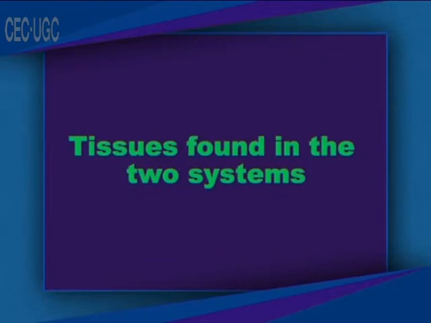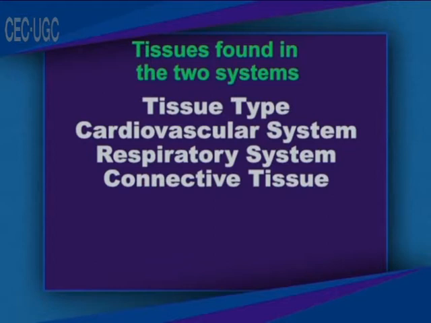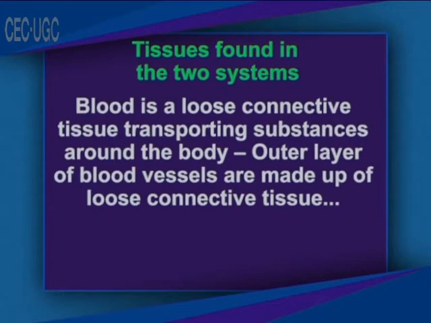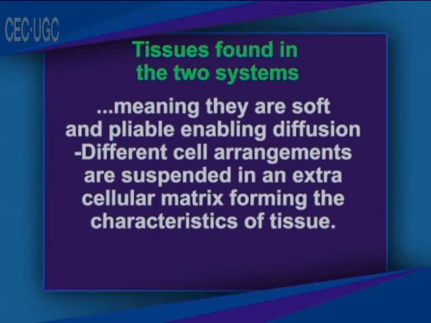Tissues found in the two systems: tissue type, cardiovascular system, respiratory system. Connective tissues. Blood is a loose connective tissue transporting substances around the body. The outer layer of blood vessels is made up of loose connective tissues, meaning they are soft and pliable, enabling diffusion.